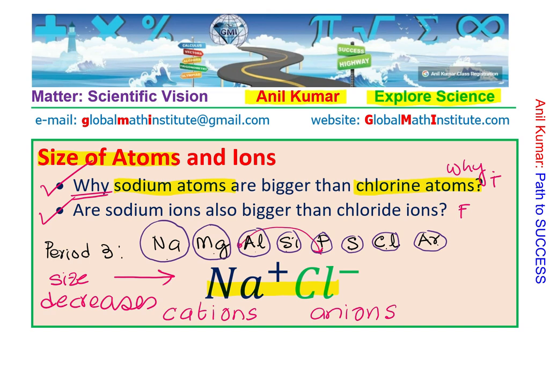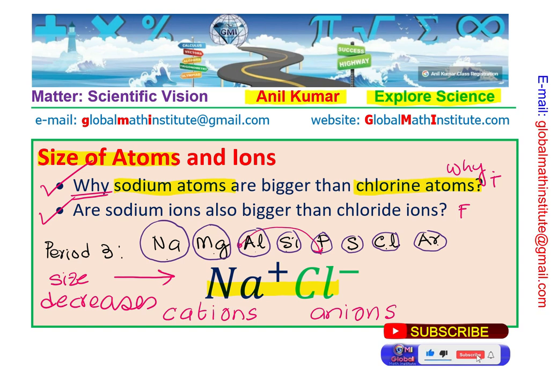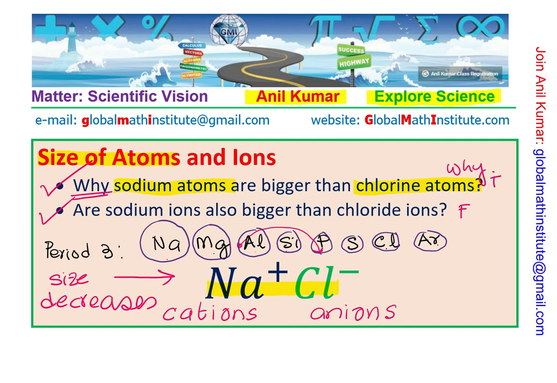So, in the formation of an ionic molecule, those which release the electron, their size decreases, and those which gain electrons, their size increases. So, cations are smaller in size than their respective atom size.